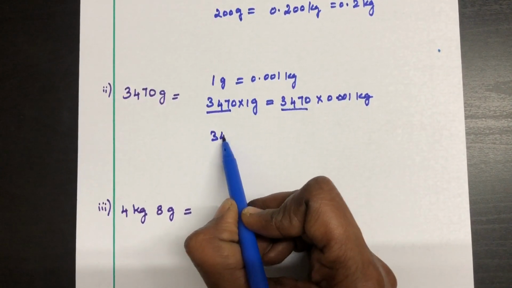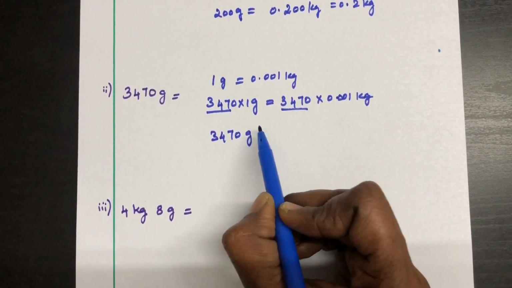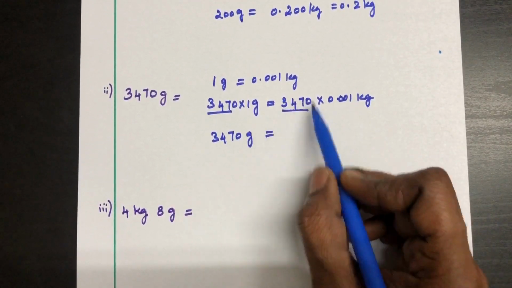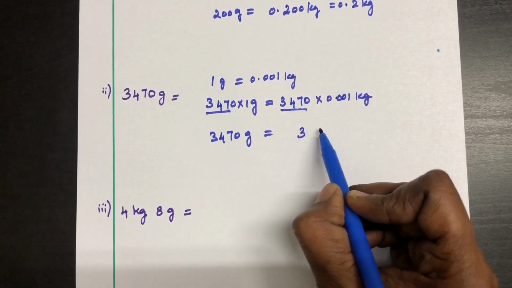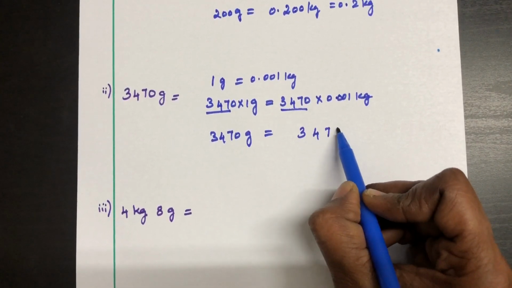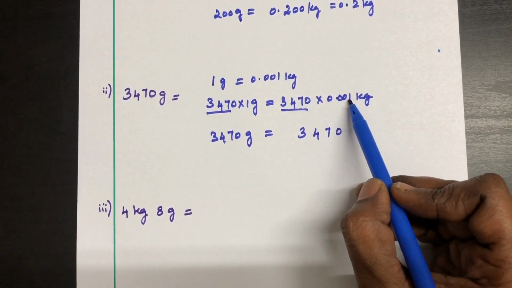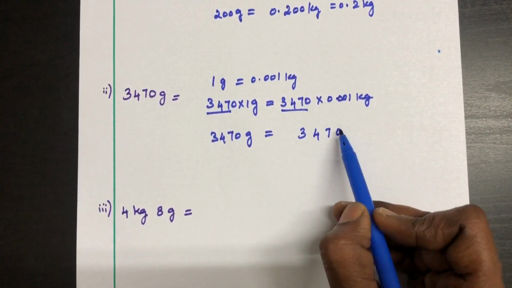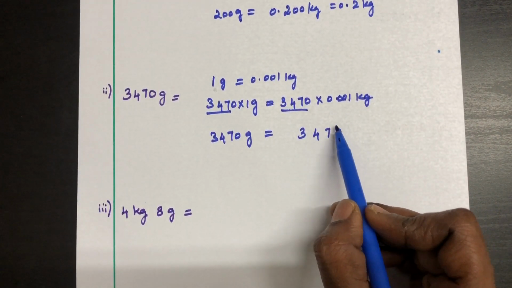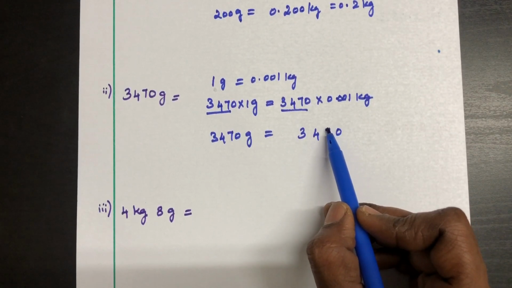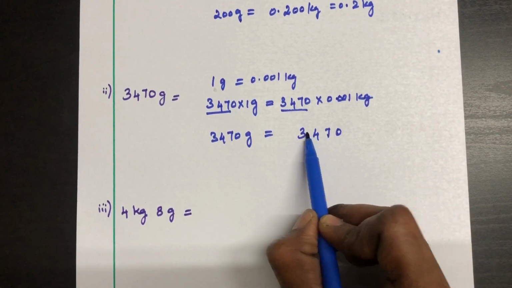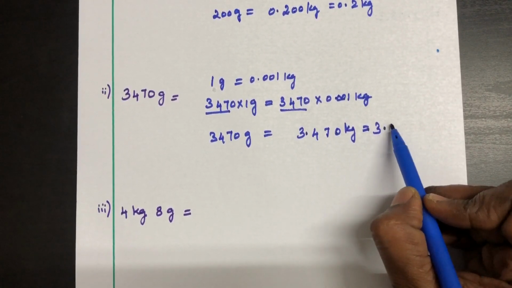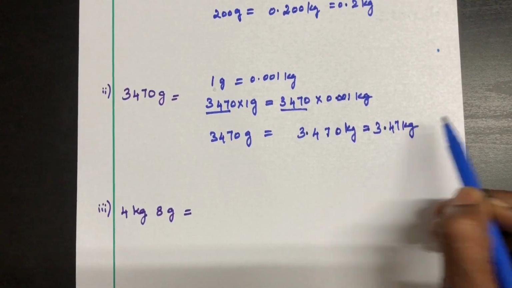This is 3470 gram. This is equal to, just multiply with this full number, 3470. So now count the decimal places. 1, 2, 3. We need to put our point after leaving 3 digits in the right hand side. 1, 2, 3 kg. This is equal to 3.47 kg.